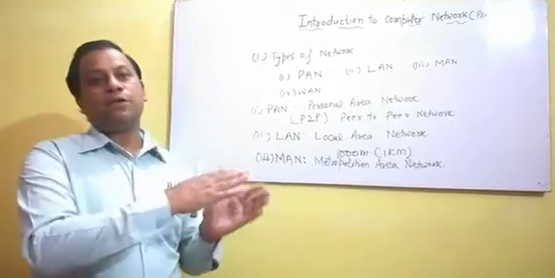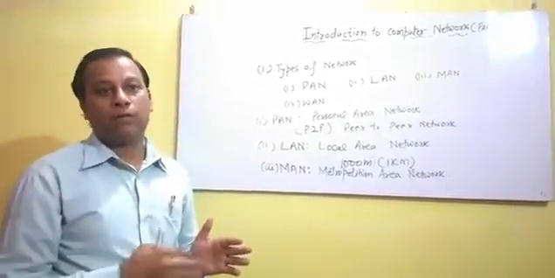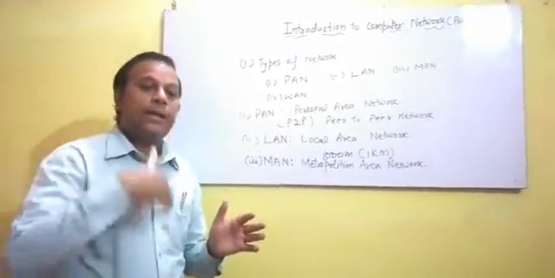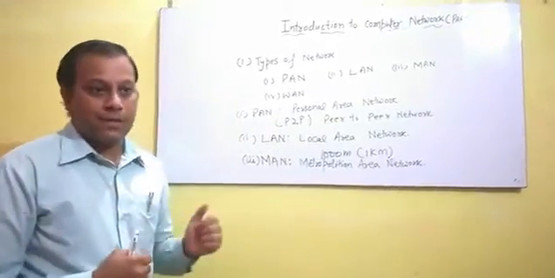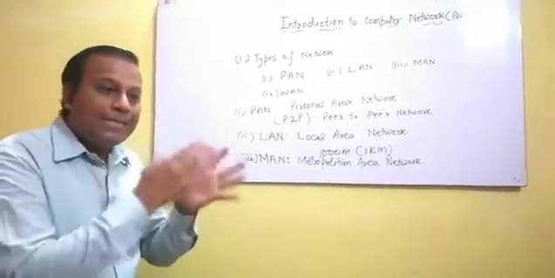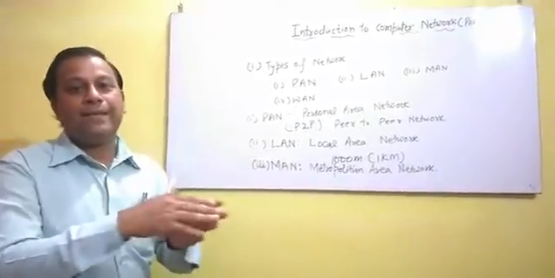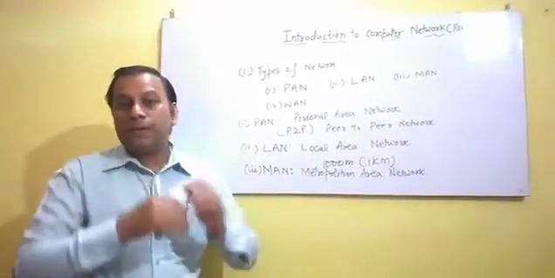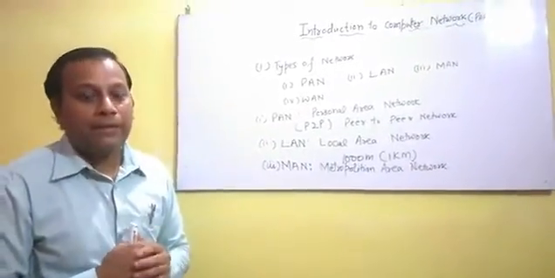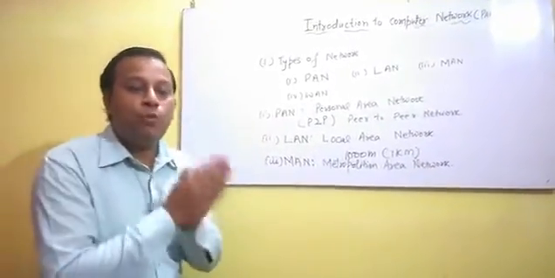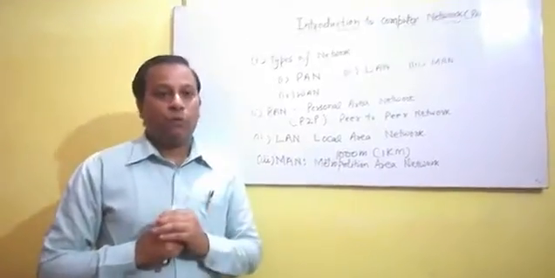So they will establish a number of banks in different locations so that they can serve the maximum number of clients present in a city. Now, all these offices are connected to an internal network that is said to be a MAN, a metropolitan area network.